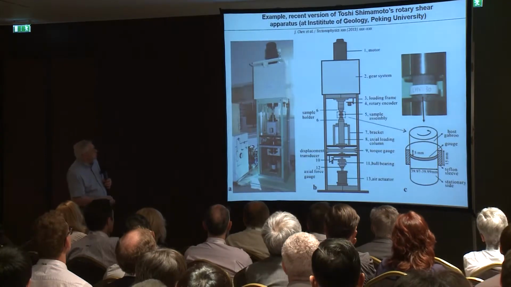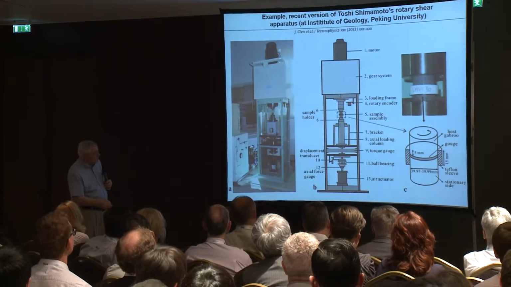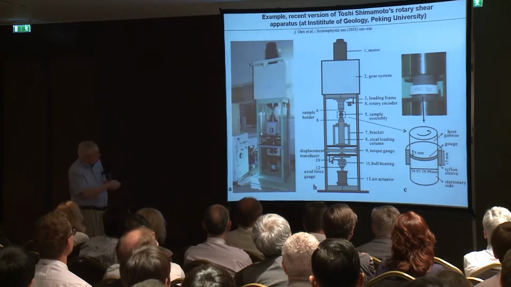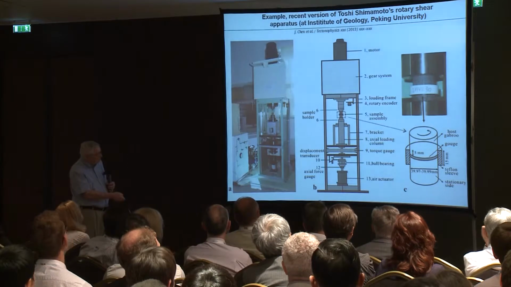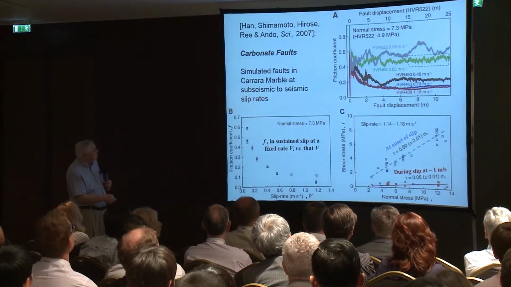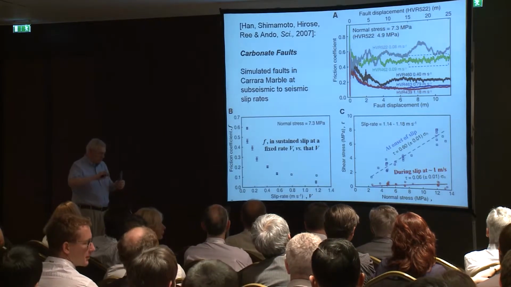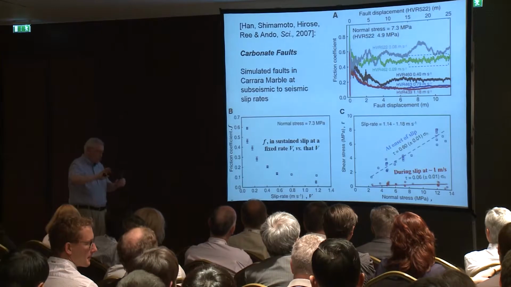This is an example of the kind of testing machine that's used for the experiments, a rotary apparatus. And here's an example of what happens when you apply force.